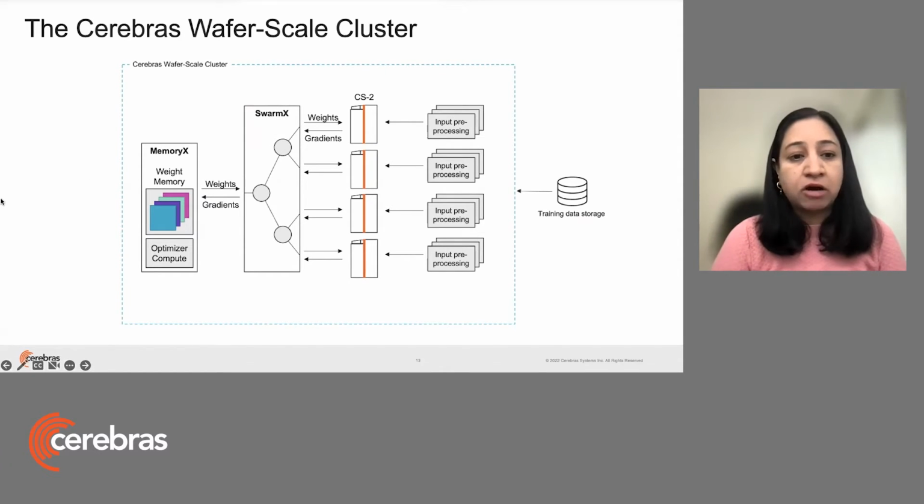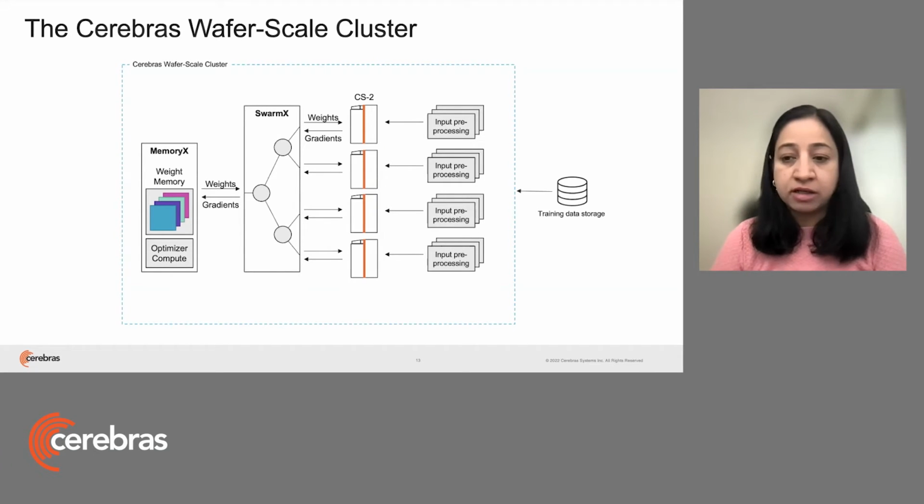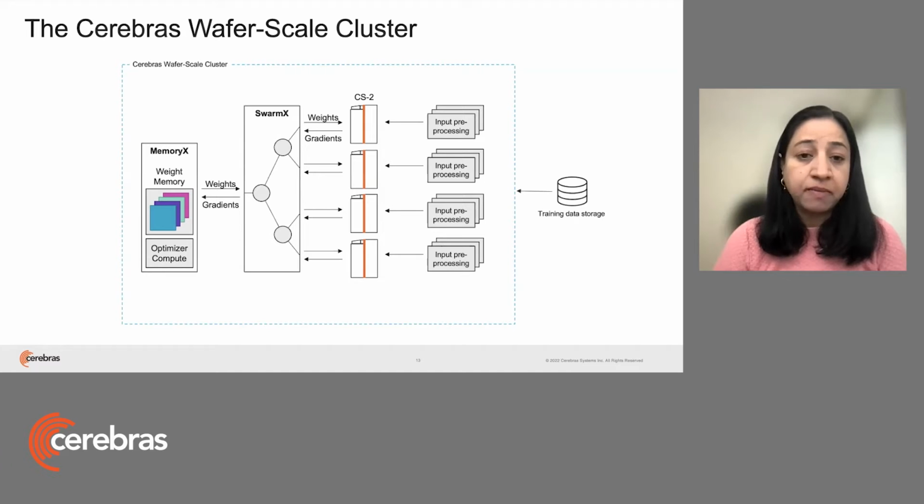It consists of 3 different parts. One is the MemoryX. I'll get a little bit into details on these. SwarmX, multiple CS2s, and finally, any input pre-processing servers needed for that. The actual data storage for training data is outside of the cluster.